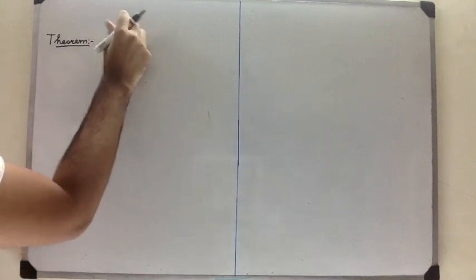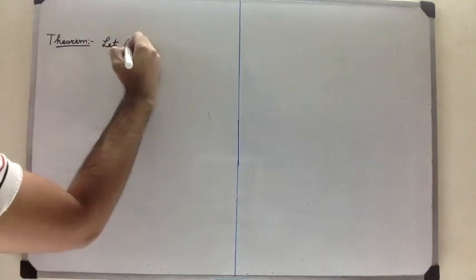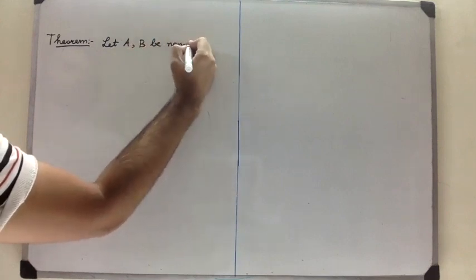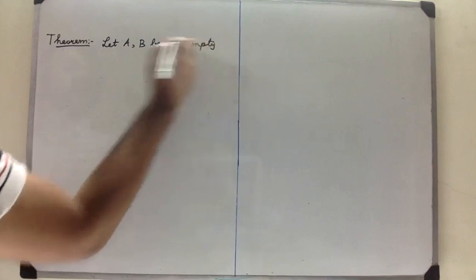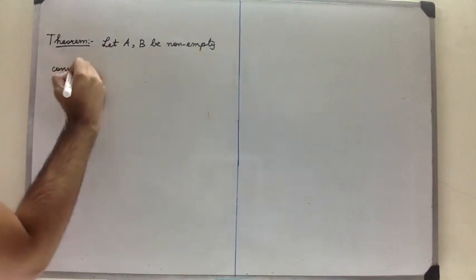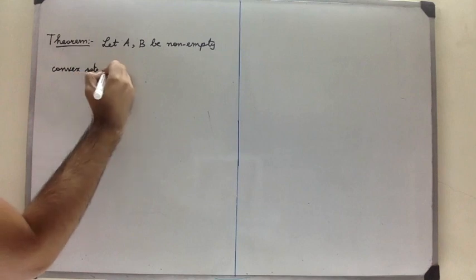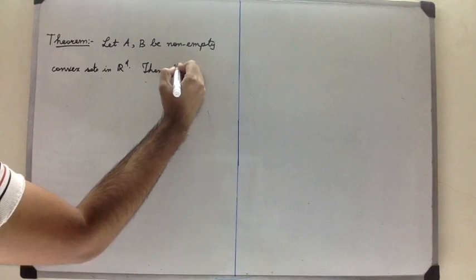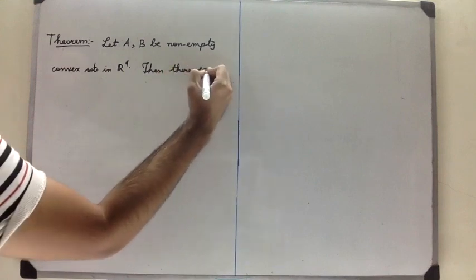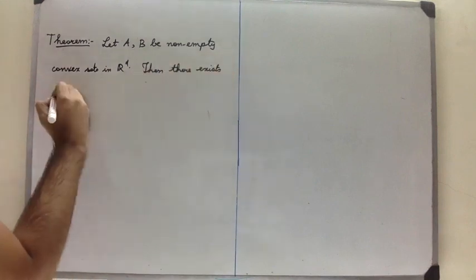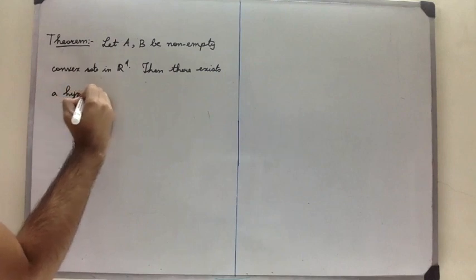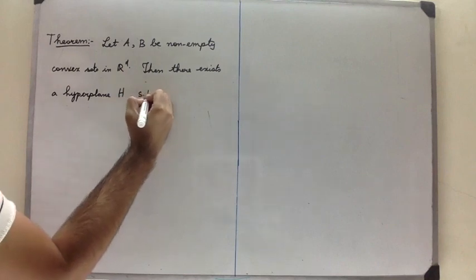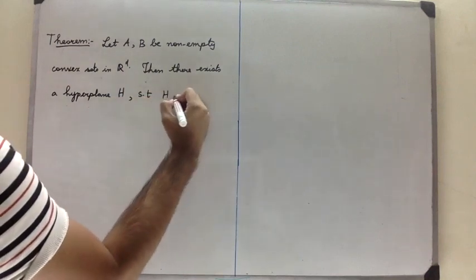So, let A, B be non-empty convex sets in R^d. Then there exists a hyperplane H such that it separates A and B.